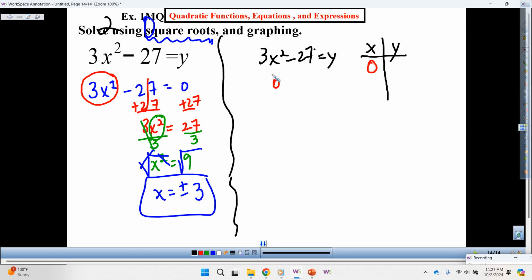So, parentheses squared, bring down the 3, minus 27 equals y. Question, what is 0 squared? 0 times 3? 0 minus 27. Answer, negative 27.